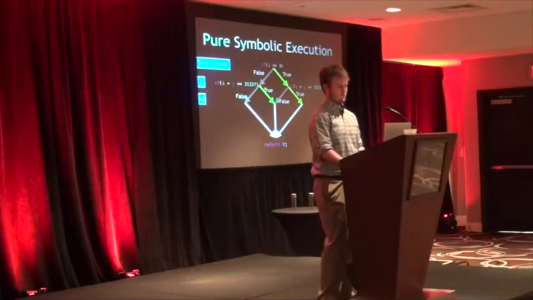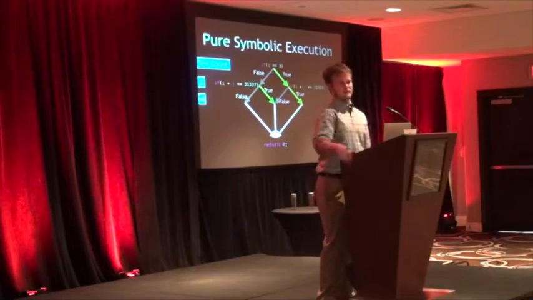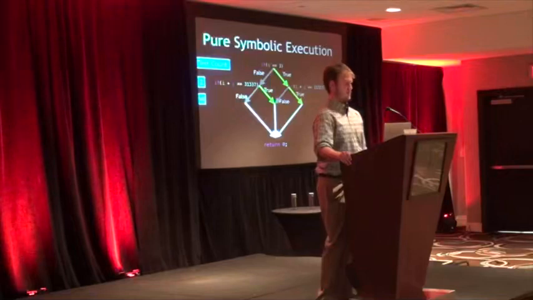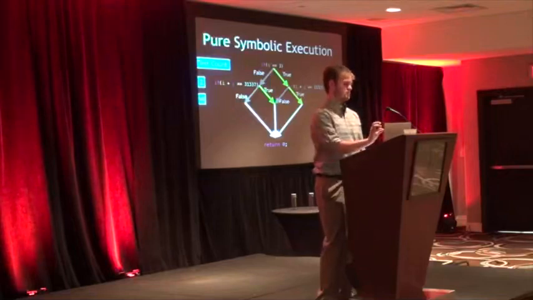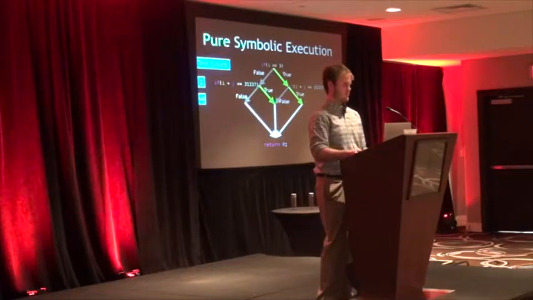So what you can see here is that at the last level of our branch tree, we have 4 different inputs that we could use to exercise every path in the program. The number of constraints that we have is 2.